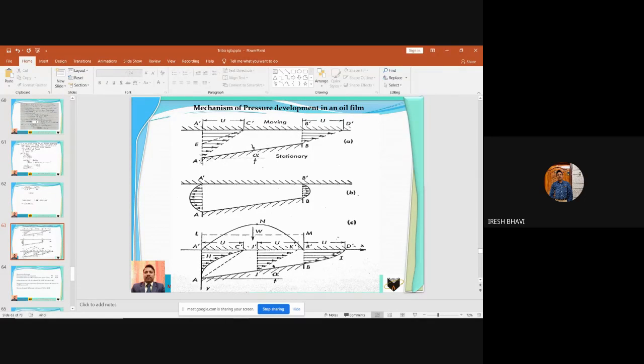So velocity is 0 at A and velocity is equal to u at A dash. Okay, so the velocity is here at A and here it is at A dash C dash. So this represents the velocity curve. AC dash represents the velocity curve at the left end, and BD dash represents the velocity curve at the right end. Okay.